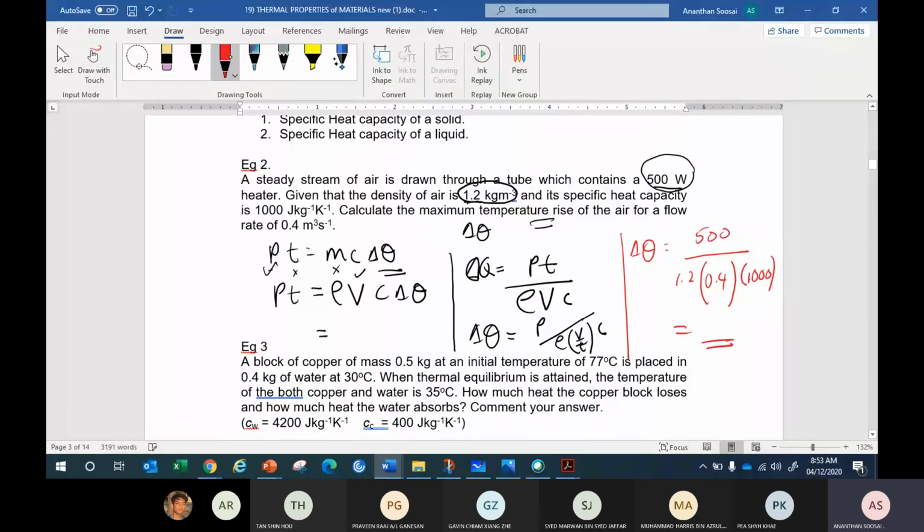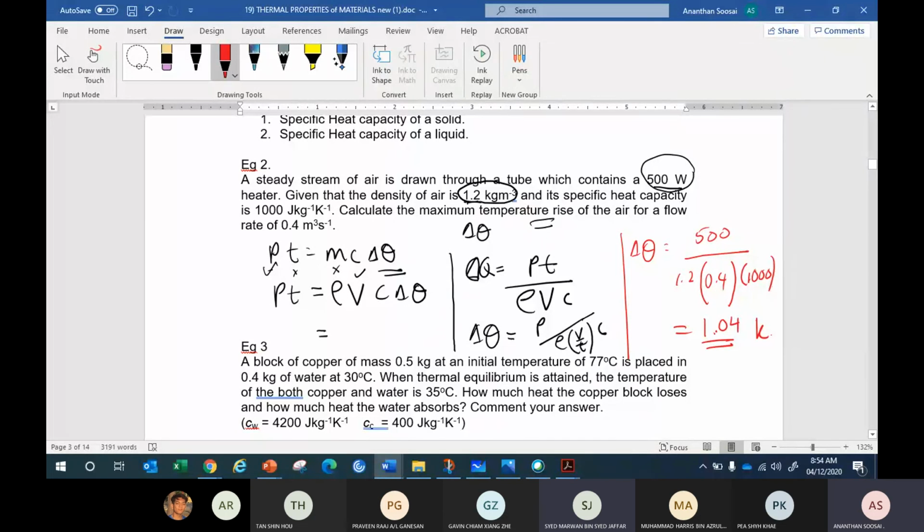Whatever answer you got, this is the change in temperature in Kelvin. Yes, 1.04. Okay, 1.04 Kelvin. Yes.